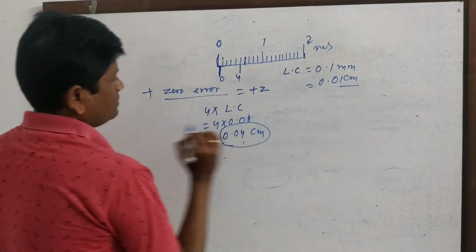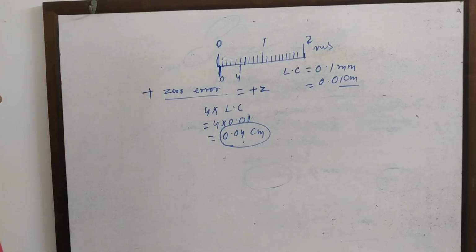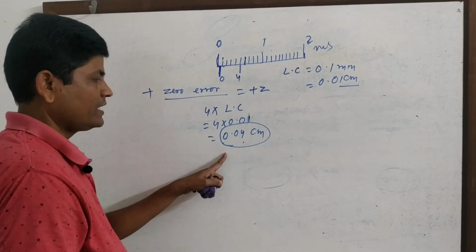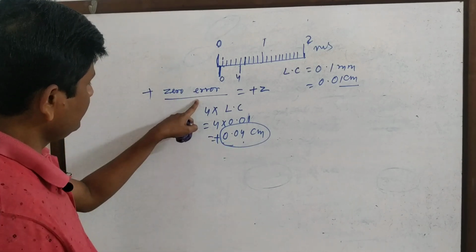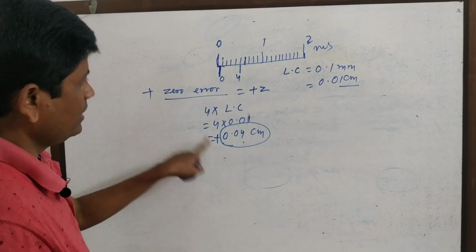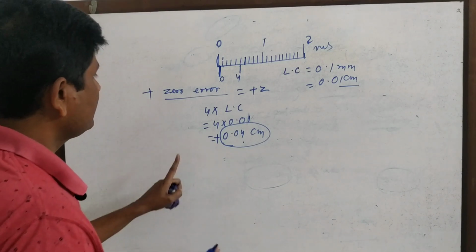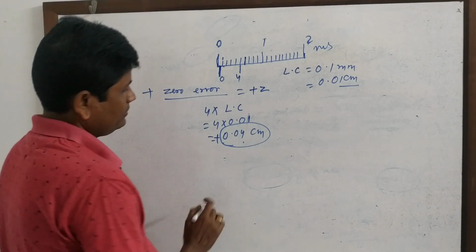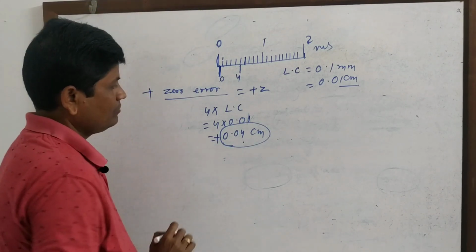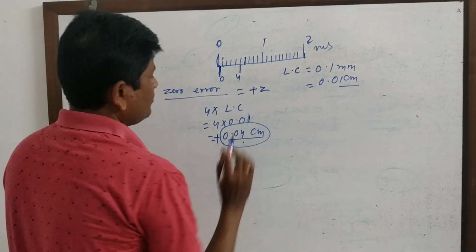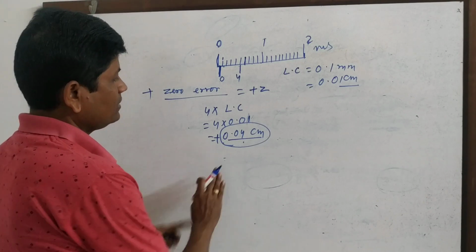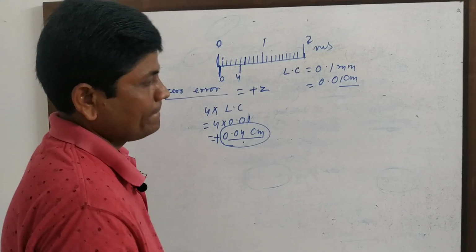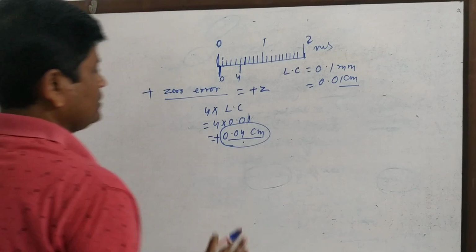This much length will be subtracted. Remember that the positive zero error is plus and the negative zero error is minus. This amount will be subtracted from the main scale reading plus vernier scale reading.